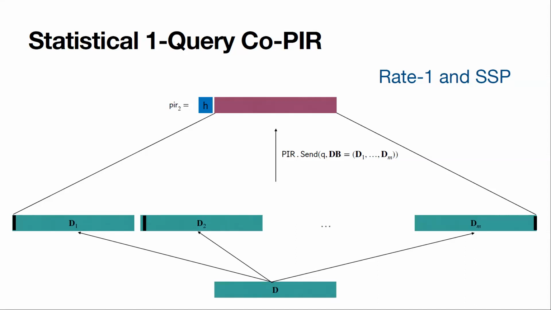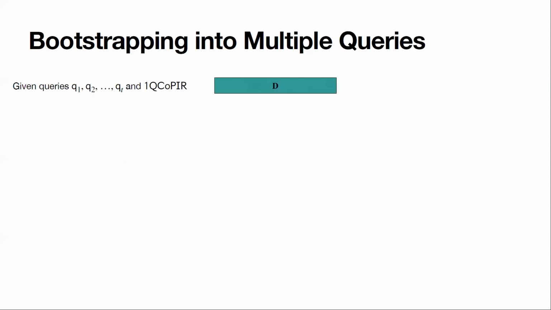However, this scheme only erases one position, and for our application, we need to erase several positions. So to bootstrap this scheme into one that erases multiple positions, we'll do the following. Given T queries from the receiver, the sender inputs the initial database into the first co-PIR and gets an encoding of D with one position erased plus a header.